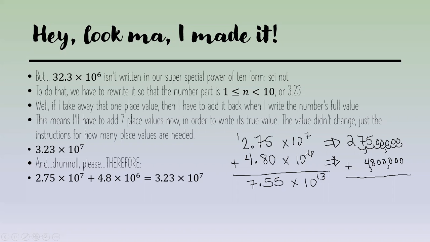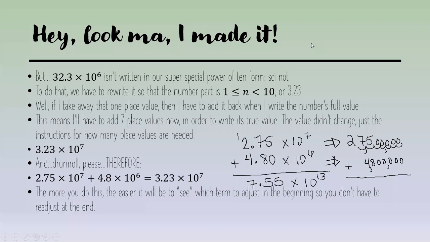And so you have to understand what the instructions are based on the power of 10. Now, the more you do of these, the easier it will be to see which one to adjust. A lot of times people just pick the first exponent, the first power of 10, and say, okay, I'm going to make this 7 into a 6 because it's the first one.